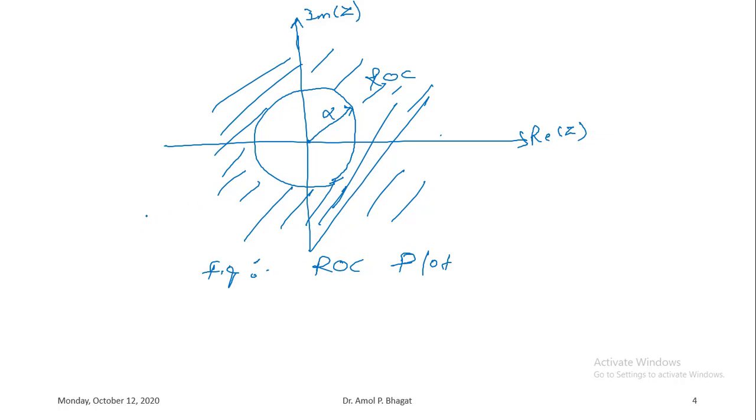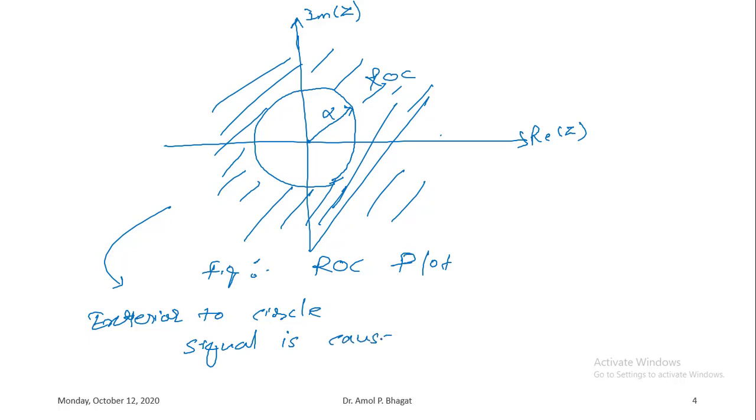And as this ROC is exterior to the circle, the signal is causal, which is also called right-sided.